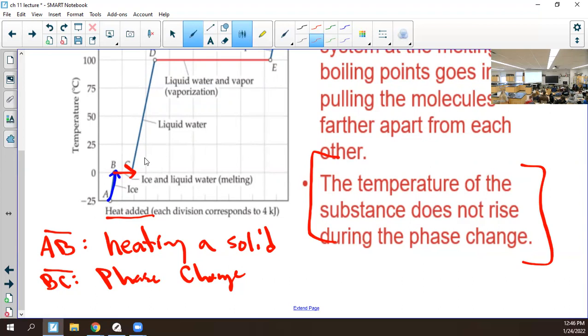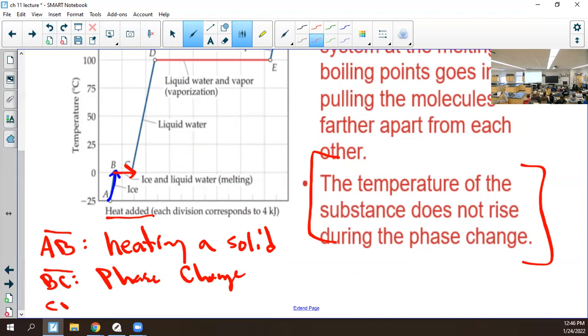But the energy at this point is going into loosening up this solid structure into a liquid instead of heating its temperature. So it was rigid, and then all of a sudden we get to a certain point, and now we're going to loosen these and break them apart. That energy is there. Now, this line right here is not very long compared to this one, right? And we should know what's coming up.